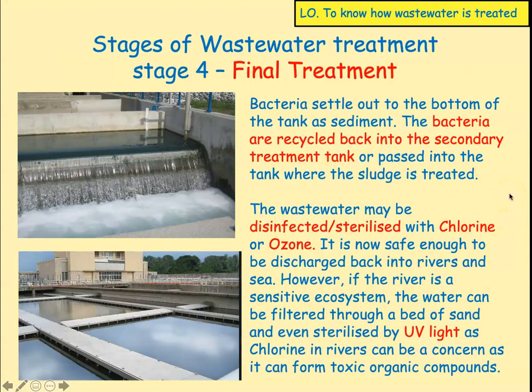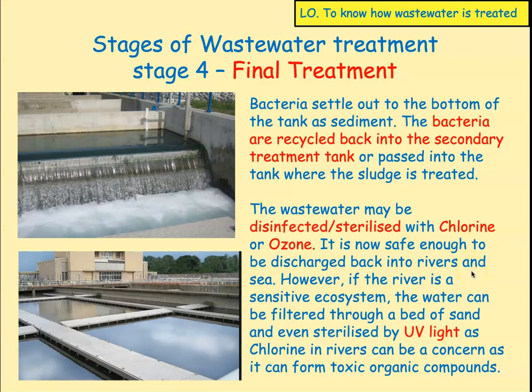Okay, the final treatment. The bacteria settle out to the bottom of the tank as sediment. Now, because they're so useful, we're going to recycle them back into the secondary treatment tank, the biological treatment, or we're going to pass them into a further tank where we treat the sludge. The wastewater can now be disinfected or sterilised with chlorine or ozone.